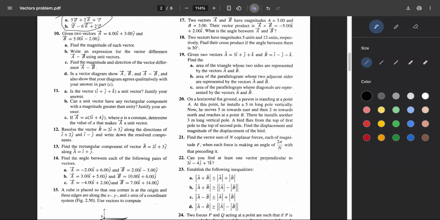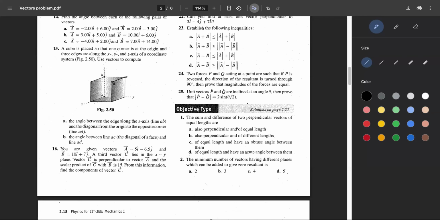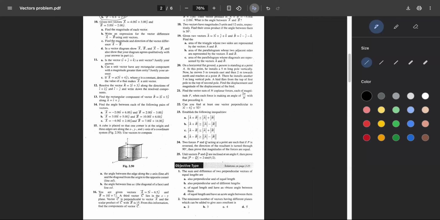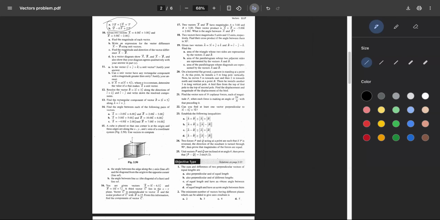Okay, I'm changing the screen. Look at the 16th problem. This is the full page. Look at all the problems.